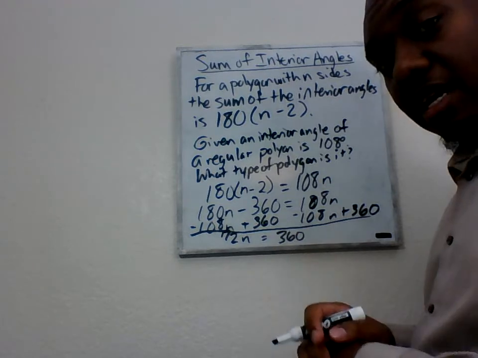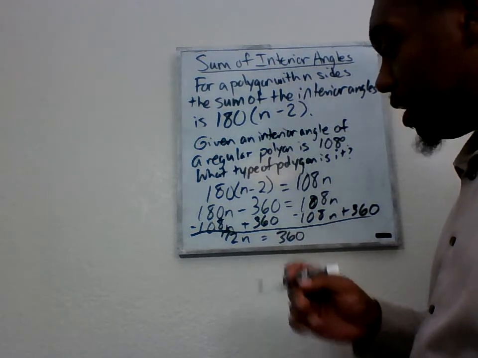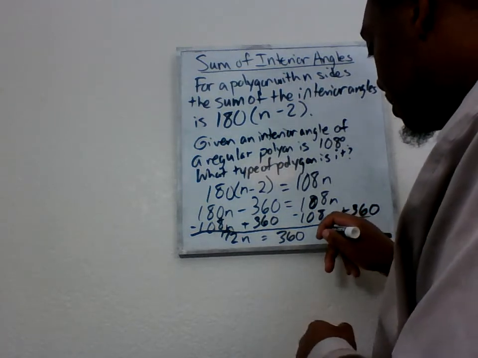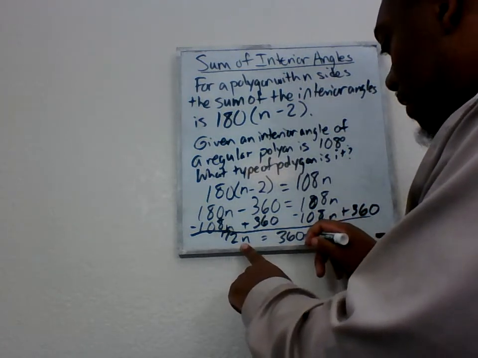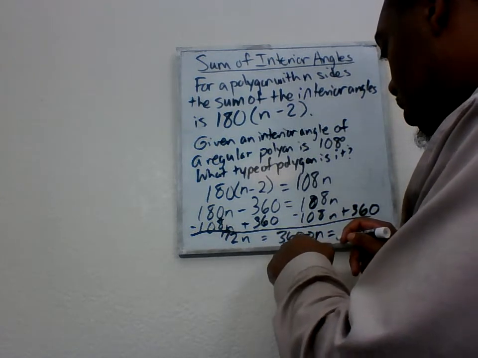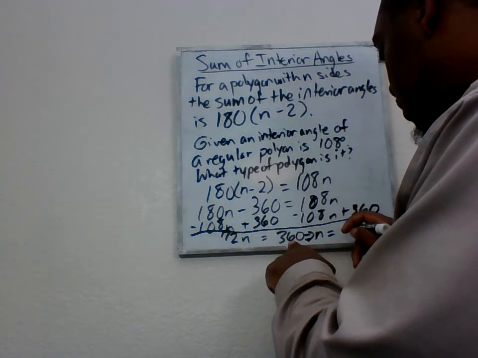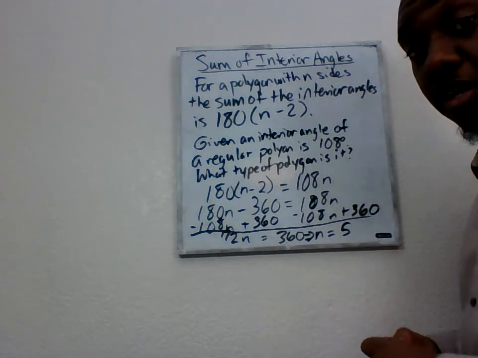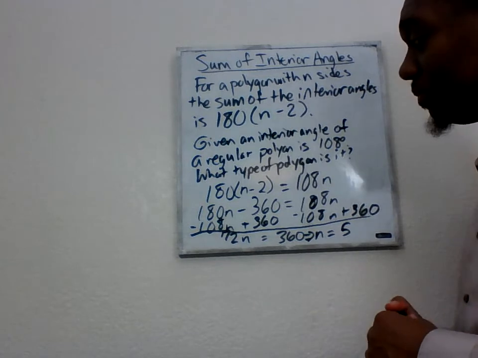And how would I find n at that point? That's right. I would divide both sides by 72. And I would actually end up seeing that n, once I divide both sides by 72, I end up with n is 5. In other words, this is a regular pentagon.